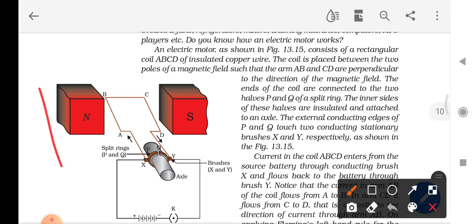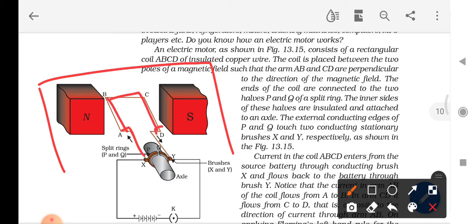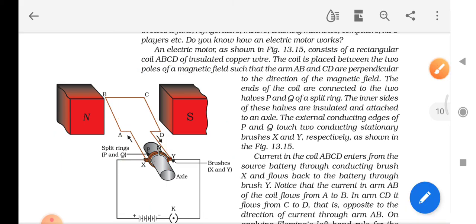And this is the construction of an electric motor. It has a magnetic field and the coil is placed between the magnetic field. The coil is connected to two halves P and Q, and the halves are connected to the carbon brushes X and Y, which are connected to the battery.